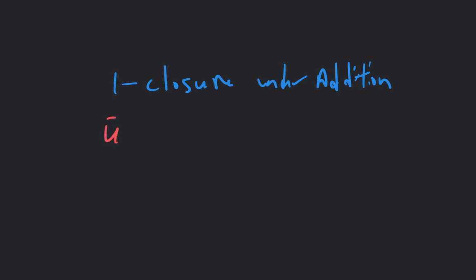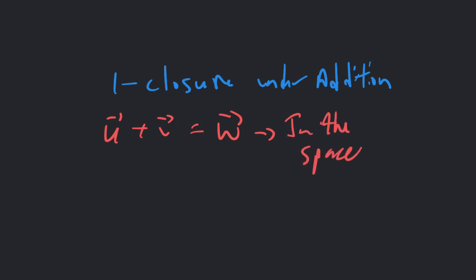So the rules for vector spaces is closure under addition, meaning if you add two vectors, say u plus v, you get a new vector, w, that is in the space. That is important. It has to be inside the space.